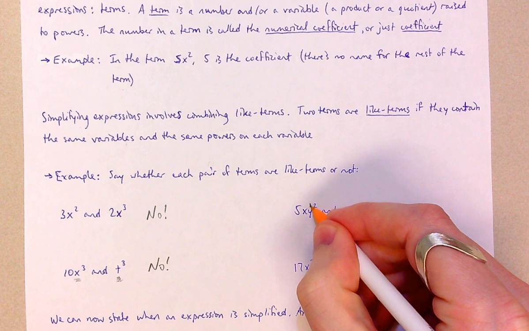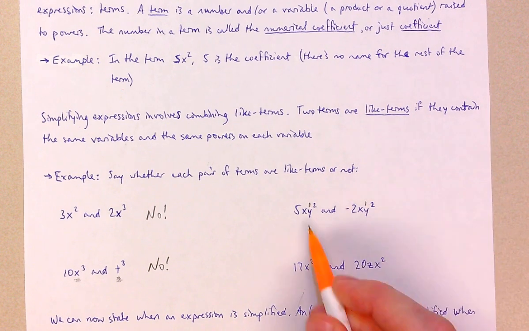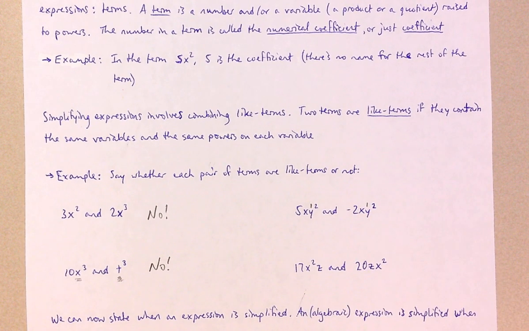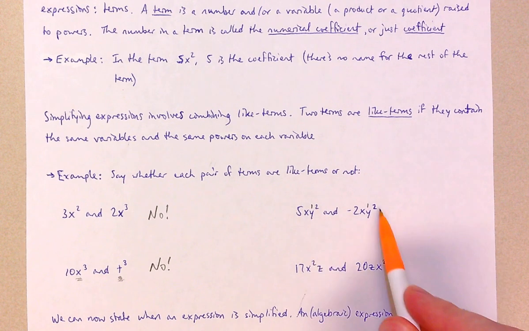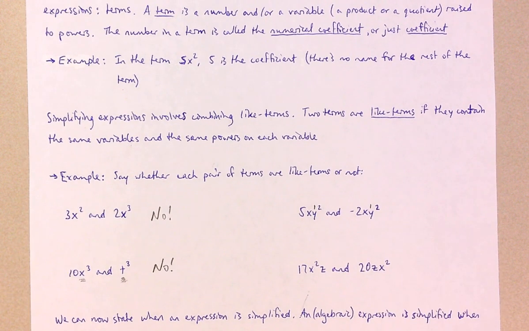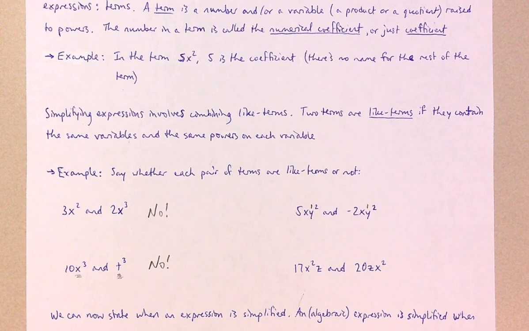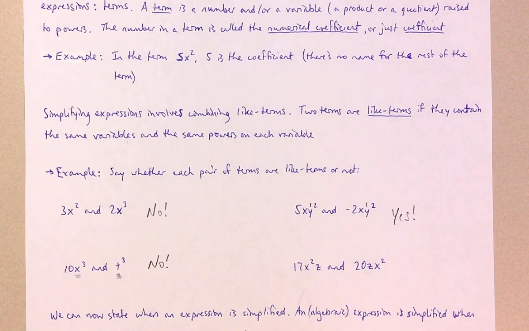We just don't write that exponent of 1. And same here. We just had x, we just had x. So those things have the same power. And here we have a power of 2 on the y and a power of 2 on the y. So we have the same variables and we have the same powers on each of those variables. So yes, these are like terms, and these could be combined.